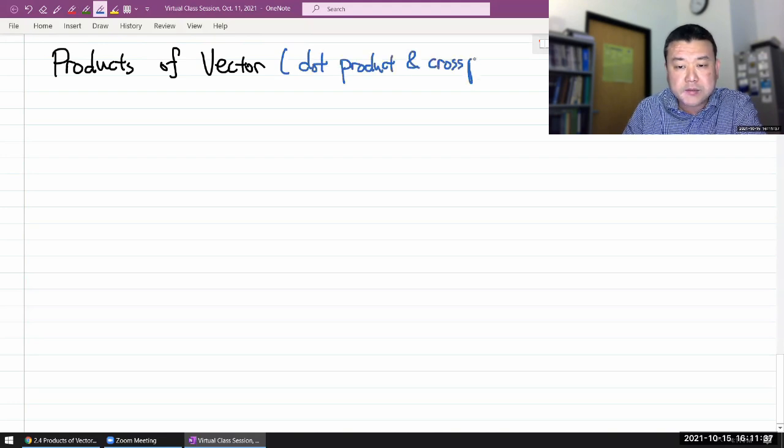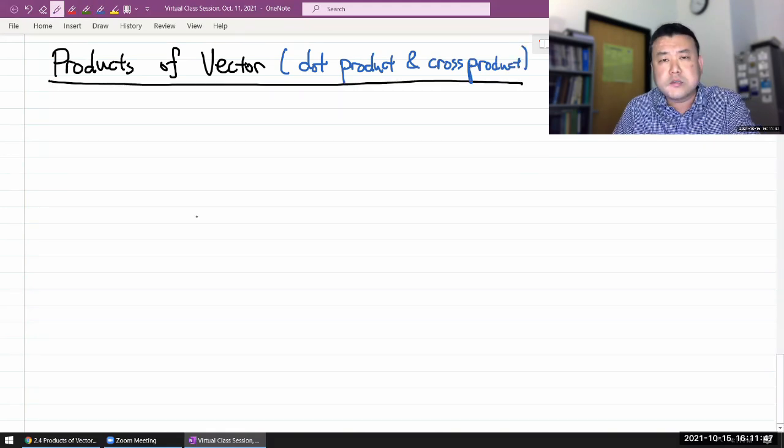These come by different names. In both of these cases, it's good to imagine two vectors somewhere in space. So let me draw those two vectors.